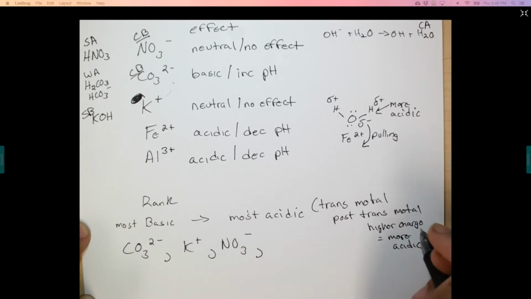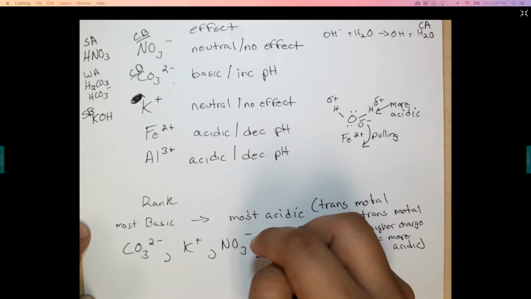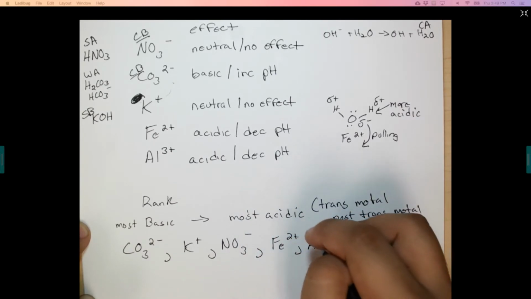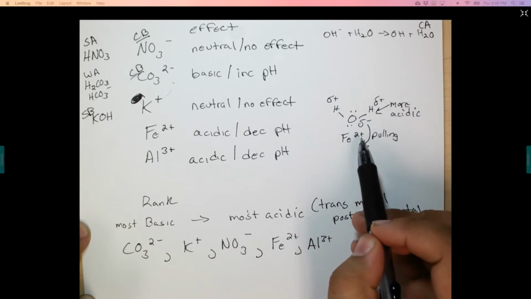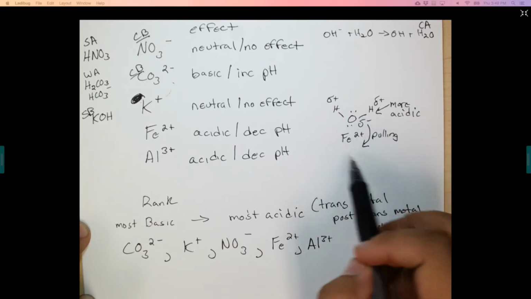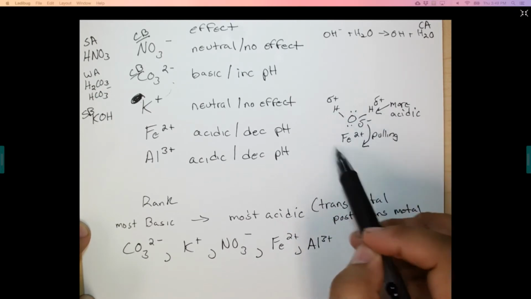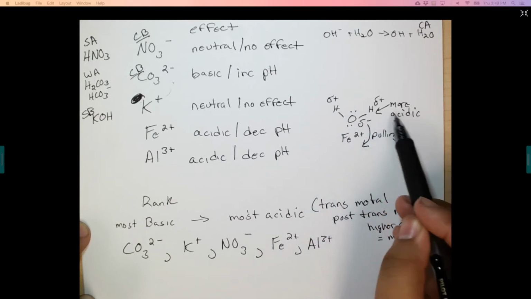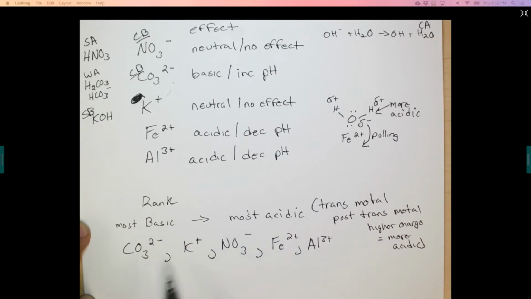Therefore, iron 2 plus should be ranked, and then aluminum, because a stronger positive charge pulls in more electron density, pulls that electron density further towards itself, which makes the proton more acidic. So aluminum will be your most acidic.